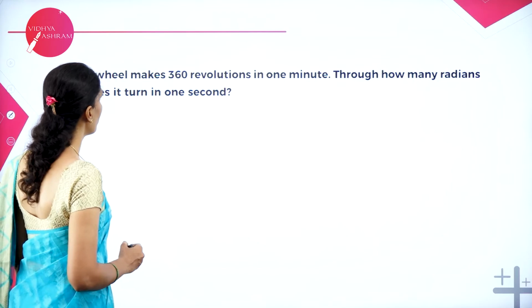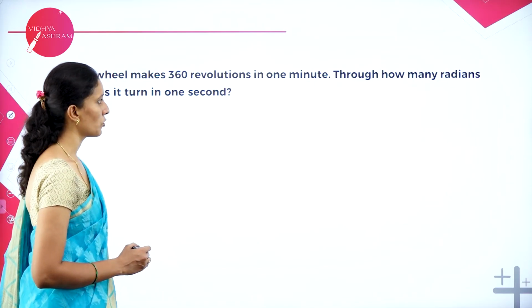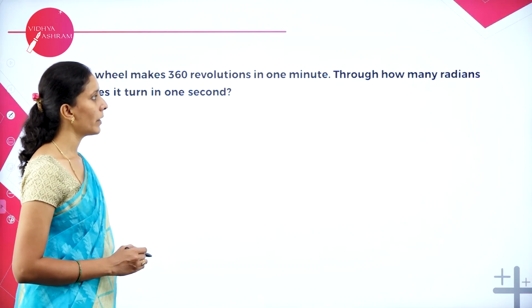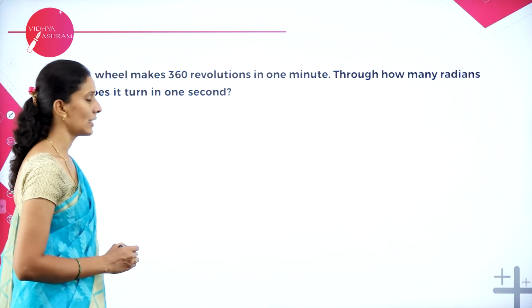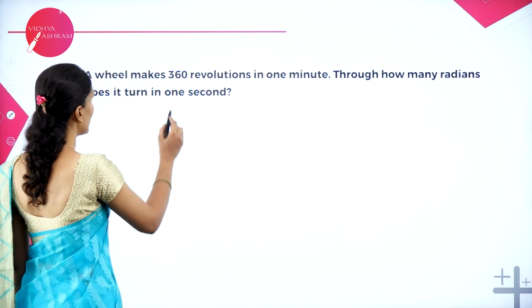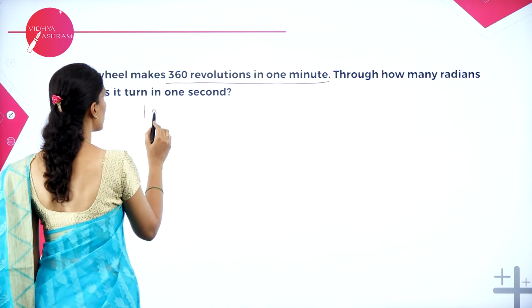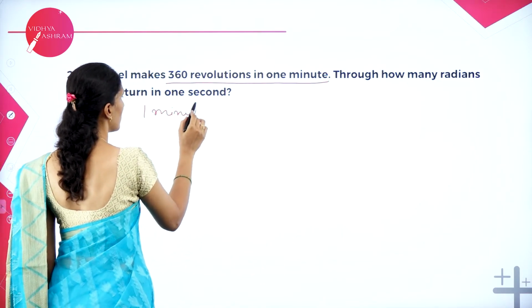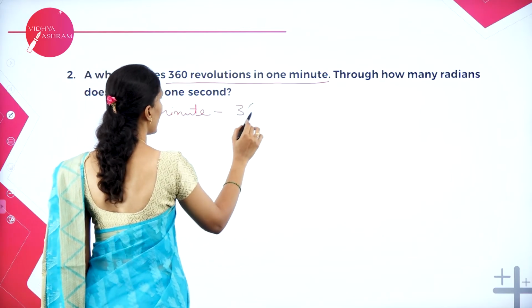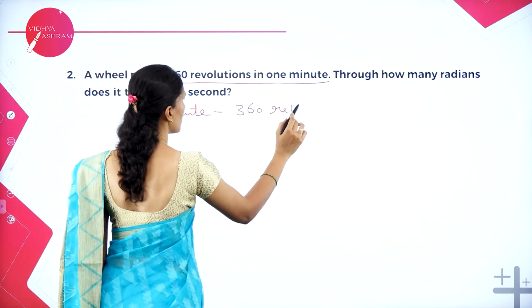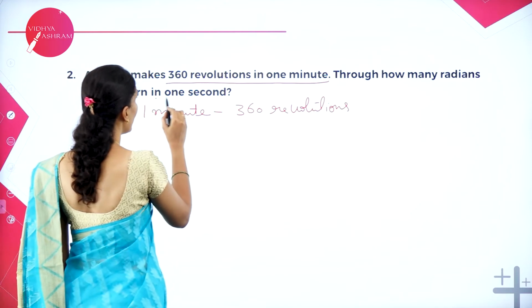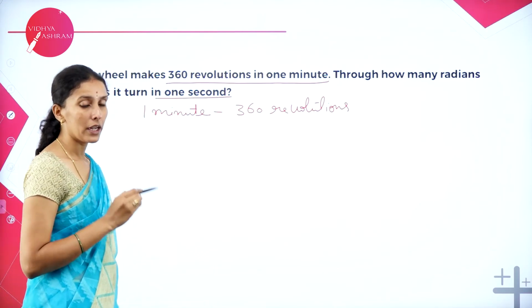Next question. A wheel makes 360 revolutions in 1 minute. How many radians does it turn in 1 second? First see here, we have 360 revolutions in 1 minute. Now I have to find how many revolutions it can make in 1 second.